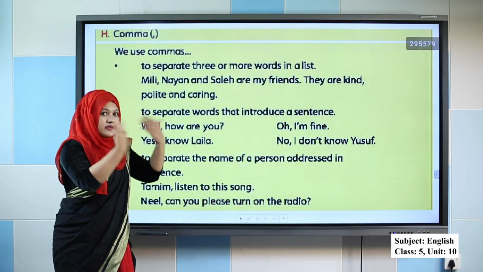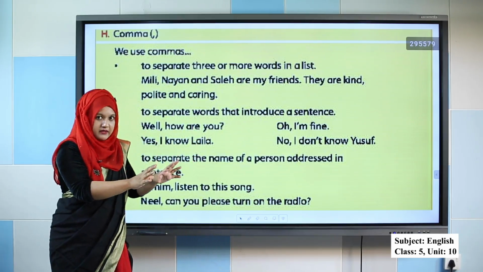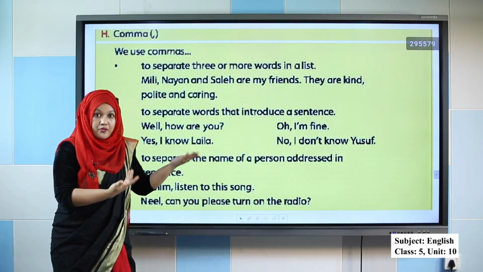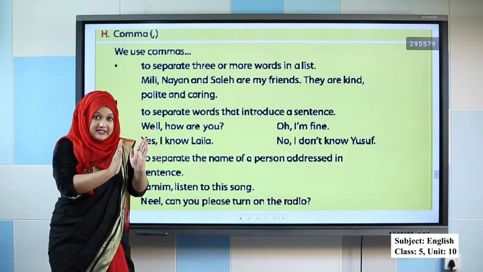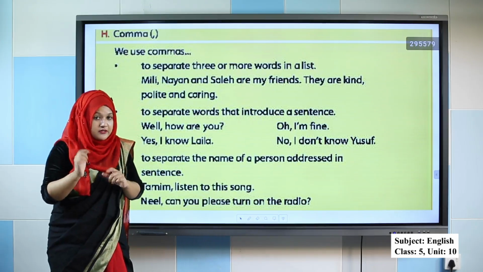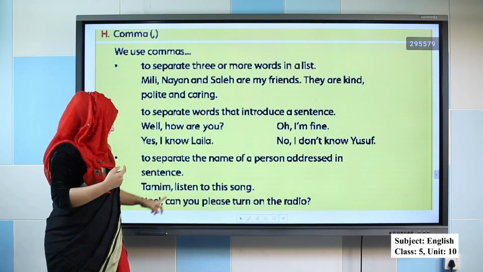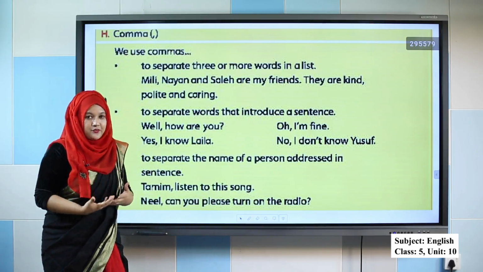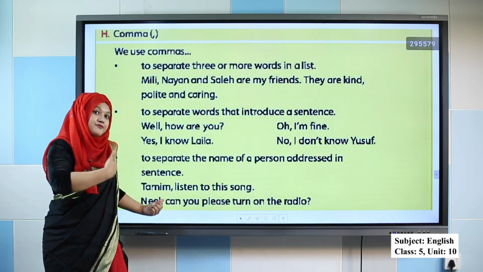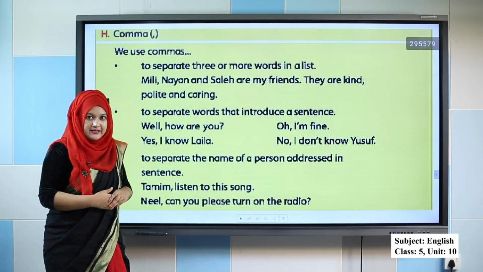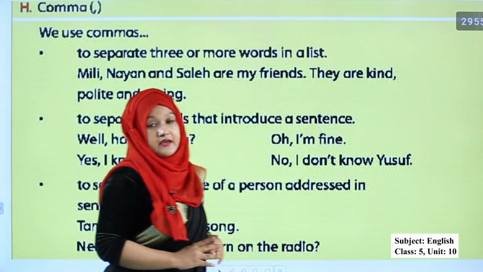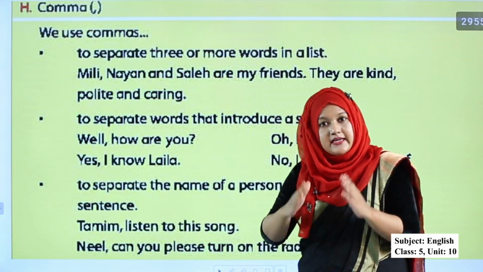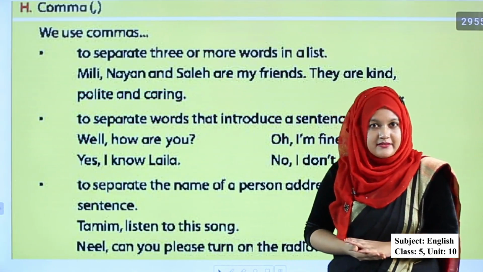Then we ask for something. So we need to separate the name of the person with this punctuation mark, comma, right? So we use comma here after the name of the person. And these are the rules we learned in our previous lesson.